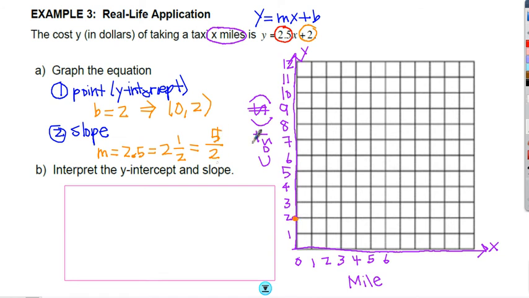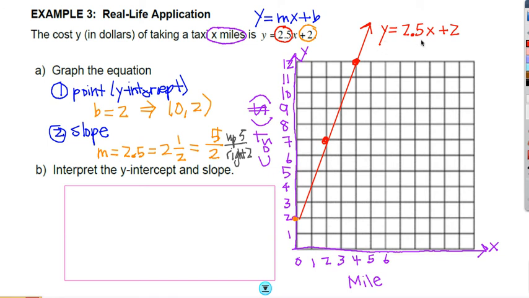The slope is 5 over 2, which means you go up 5, and positive 2 means right 2. So I don't have a lot of room. Starting here, I'm going to go up 5 and right 2. That's the next point. Up 5, right 2. That's the third point, and use a ruler to connect them.